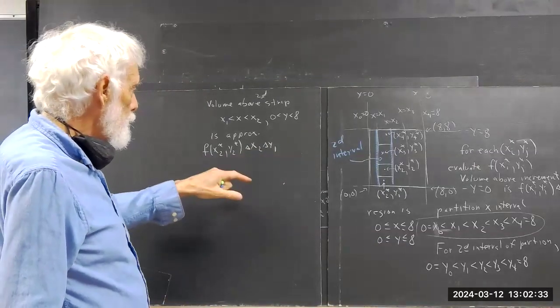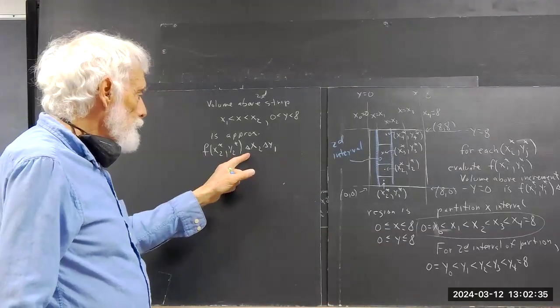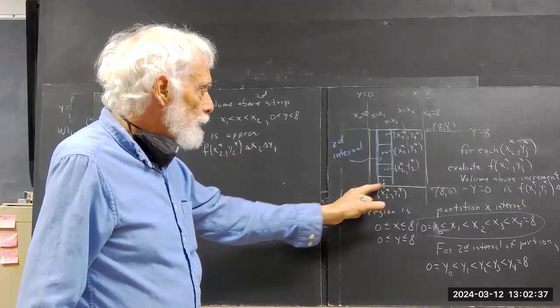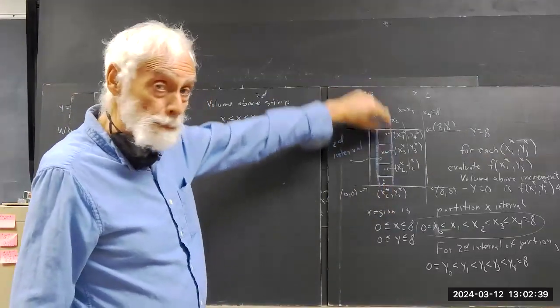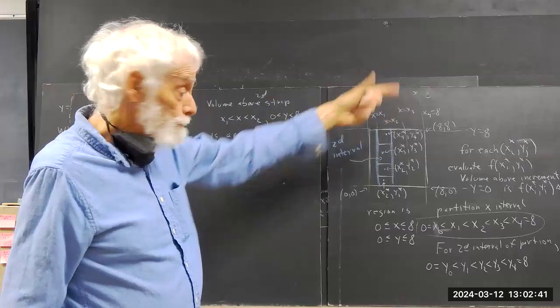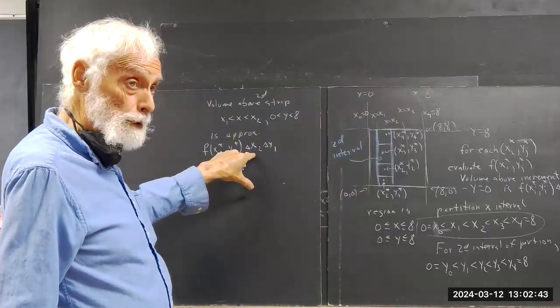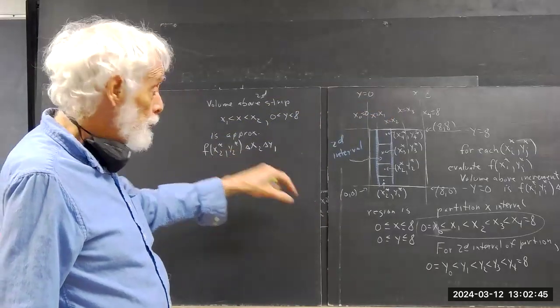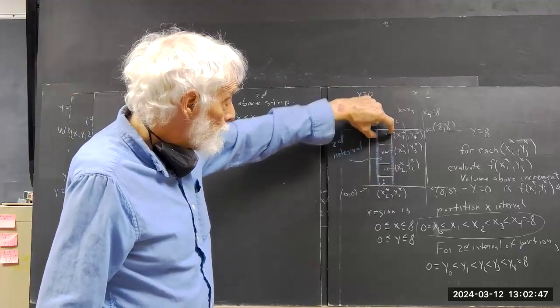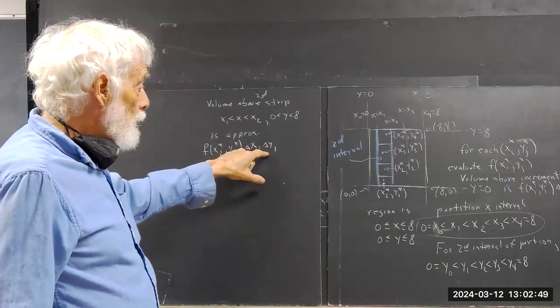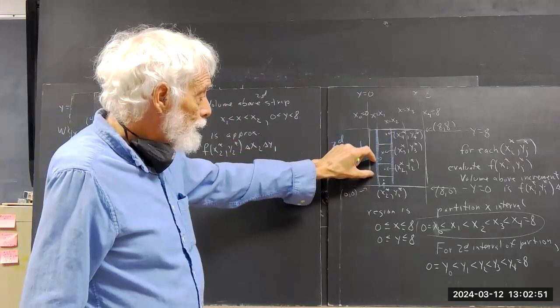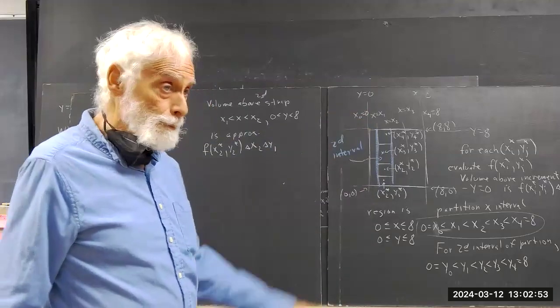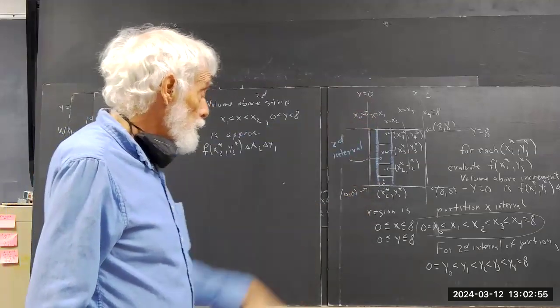My delta x is the delta x of the second strip, okay, which is delta x2, okay? So I mean by delta x2, it's just this width. Delta y1 is just the delta y that we've used to divide this thing up.